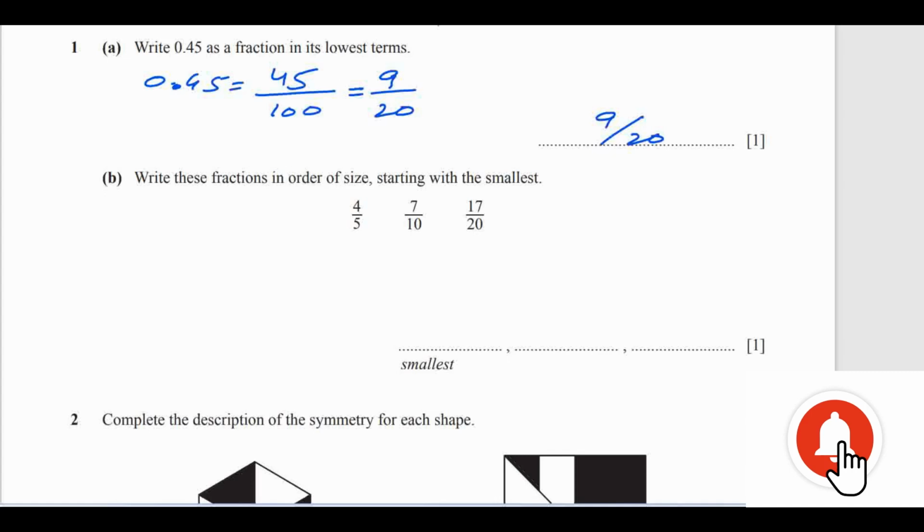The very simple way is that we have to multiply so that the denominators are the same. If we make the denominators the same, comparison will become very easy. So we want to make all of them 20, so 5 4s are 20, so multiply and divide by 20. This will be 16 by 20. This we multiply and divide by 2, so what will it become? 14 by 20, and this will be 17 by 20.